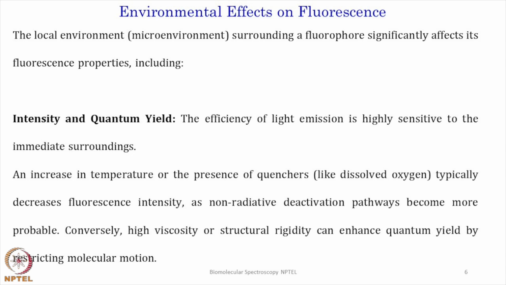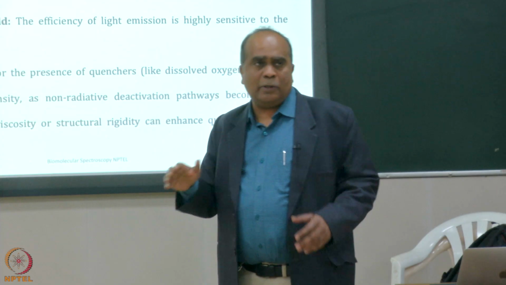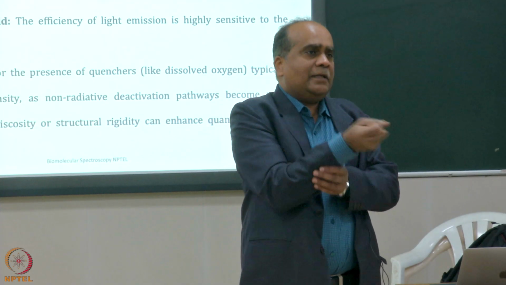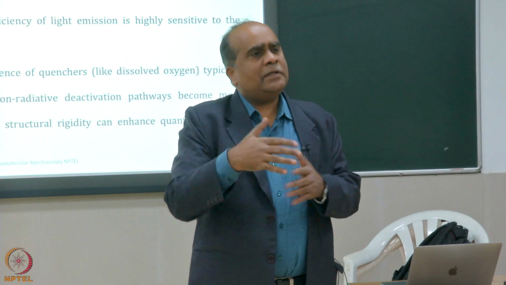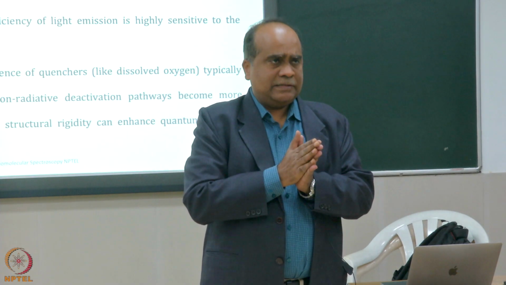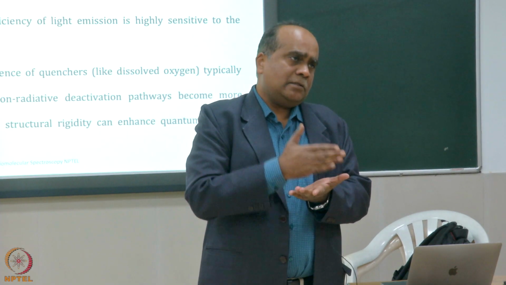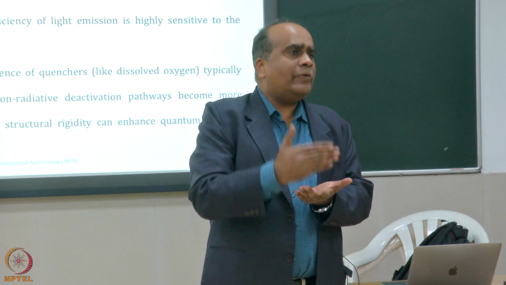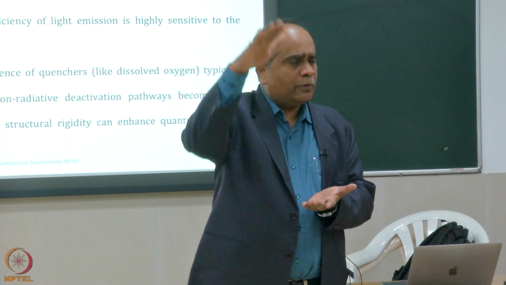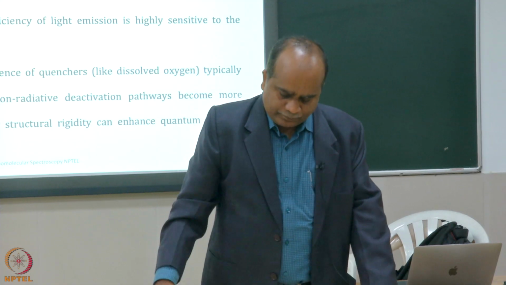If there is a high viscosity or structural rigidity, it can enhance the quantum yield by restricting the molecular motion. If tryptophan, or any fluorescent molecule, is in a rigid environment, probably it will change the fluorescence intensity. So, intensity can change depending upon what is the quencher. Quencher is a substance that reduces the fluorescence efficiency, right.